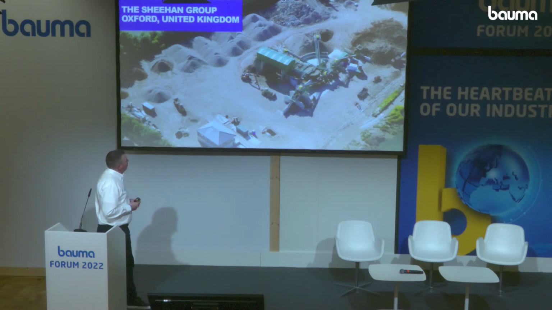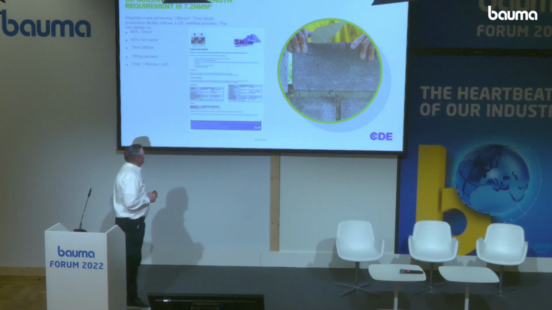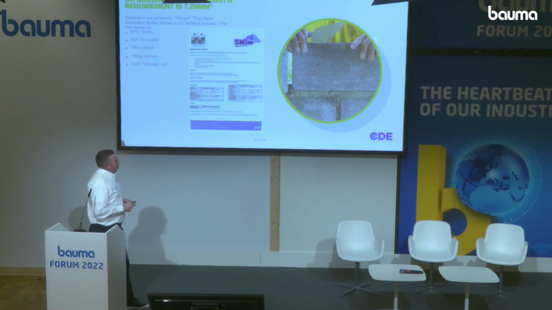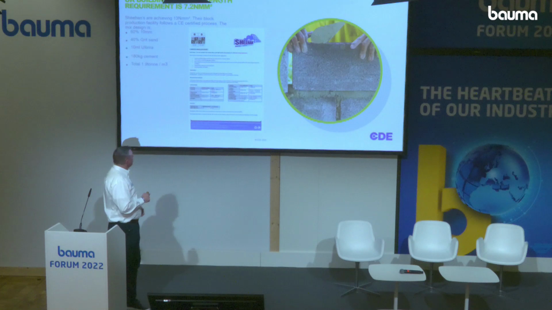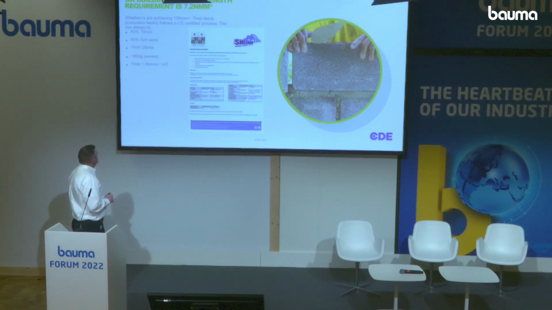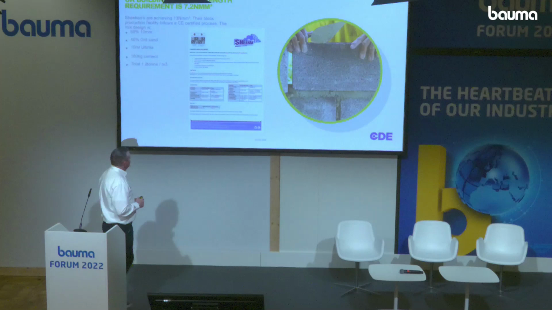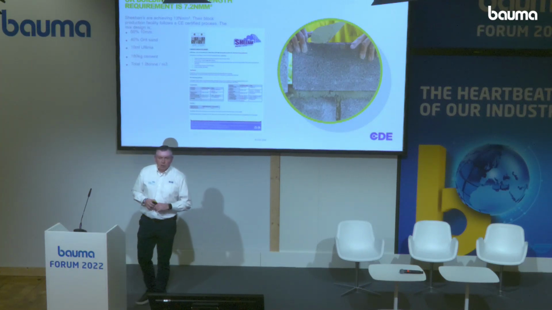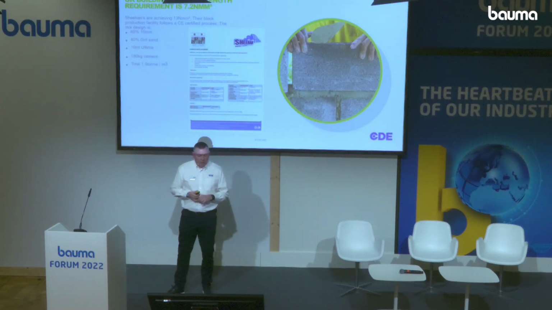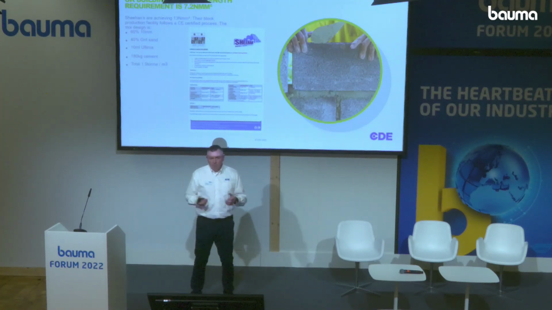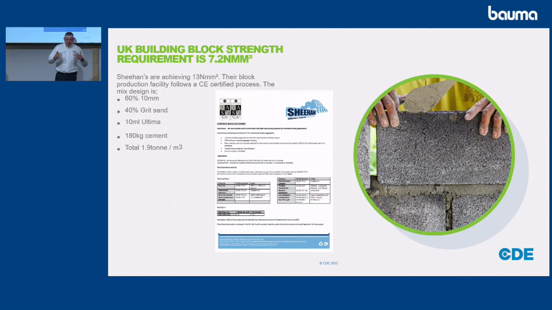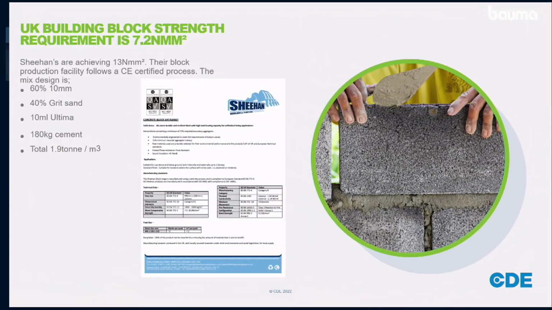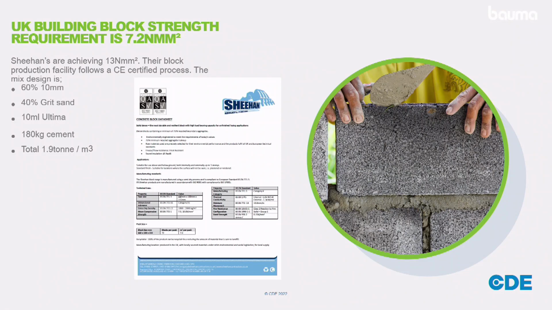Sheehan's in Oxford in the UK are producing a CE-marked building block. 60% 10 mil, 40% grit sand to 0.4, 10 mil of Ultima admixture, and 180 kgs of cement. Interestingly, the UK requirement is 7.2 Newton strength, and Chris and the team are achieving 13 Newton strength from this concrete mix. And it could go much higher, but the blocks become less workable.